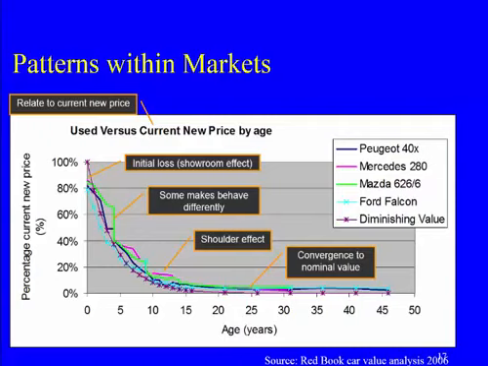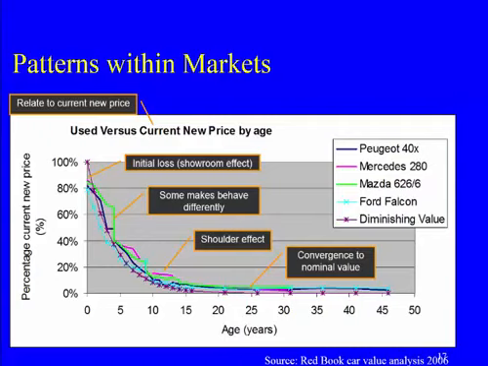the current new price. That's fairly significant because while we were complaining that the diminishing value calculation always has some kind of a residual value, and in fact a residual value that for taxation purposes may be too high, in this case we see that the practical reality is that the diminishing value calculations actually underestimate the value of all of the vehicles under consideration from about 15 years onwards.